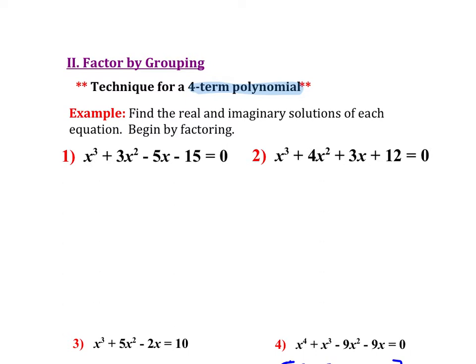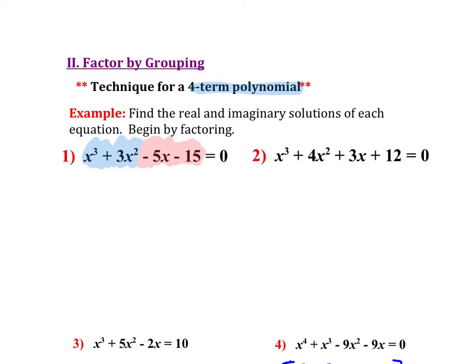So how factoring by grouping works, and again, if you want to pause this to write the problems down, go for it, is you are going to find a polynomial that has 4 terms, and you are going to group them up into 2 groups of 2.